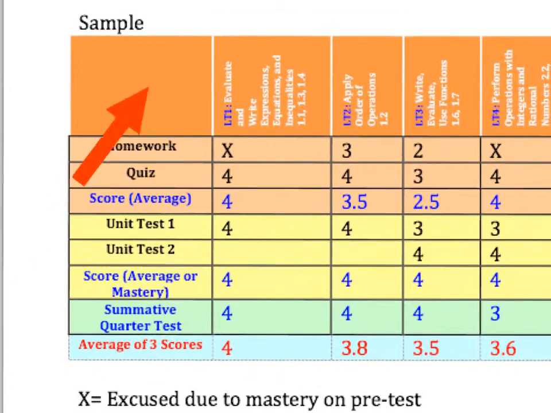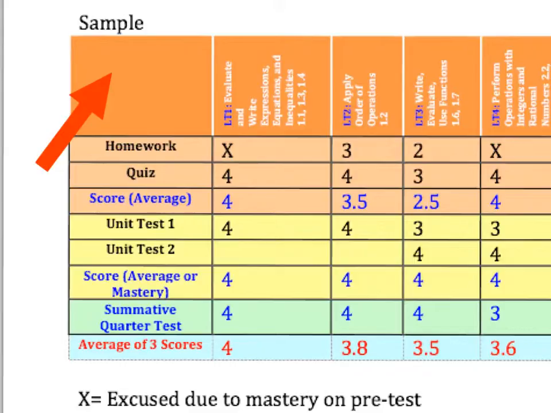So in this sample gradebook, you'll see at the top it says Learning Target 1, or LT1, which is Evaluate and Write Expressions, Equations, and Inequalities. And these are the sections in the book that this learning target covers. So you'll know, as we did earlier this quarter, that we take a pretest before we begin anything.